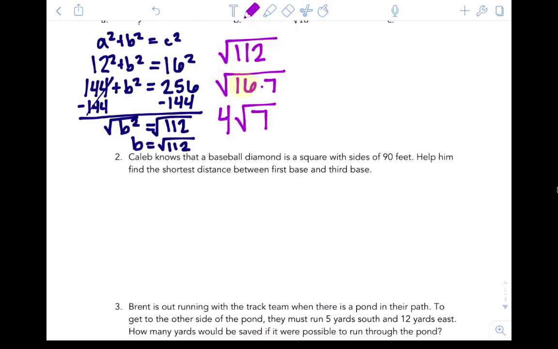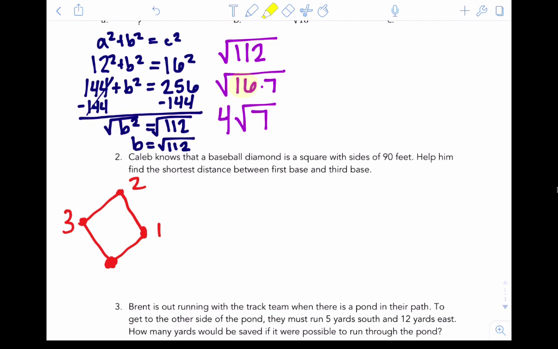All right, moving on to number 2. The first thing that I will want to do is draw a picture. So I know that a baseball diamond looks like this. And so here's home plate. Here's first base, second base, and third base.